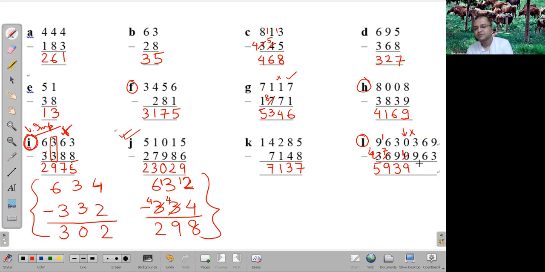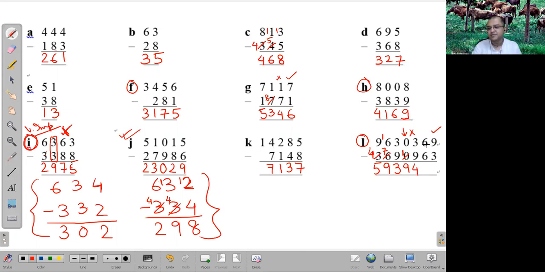And then 13 minus 9 or 10? 9. 9, yeah, because this is possible. Correct. So 13 minus 9 is 4. Very good. Then 0.